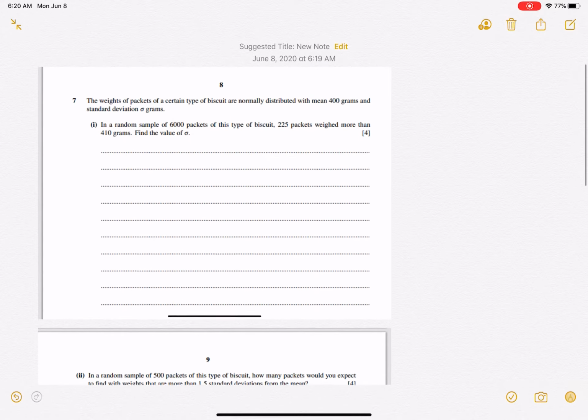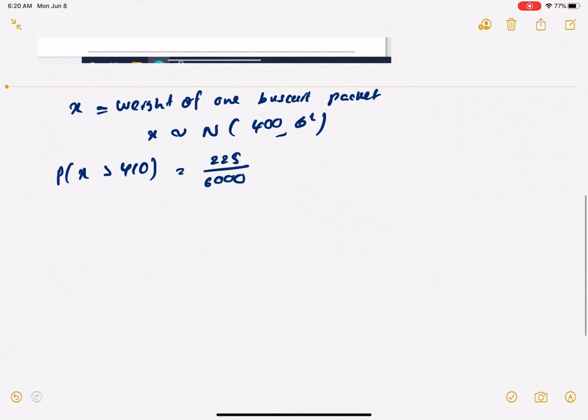That's the ratio. So when we convert this into decimals, you get a value of 0.0375.